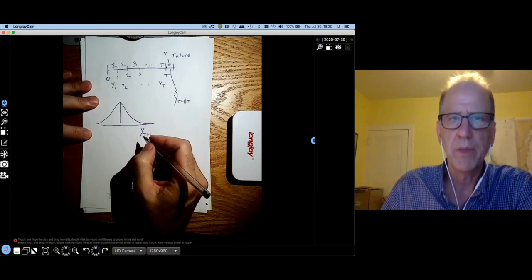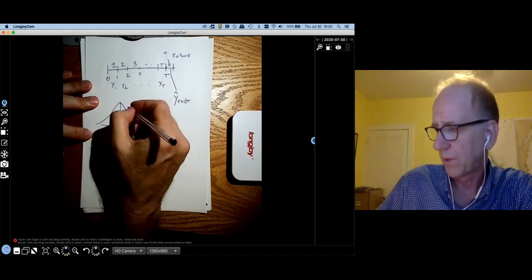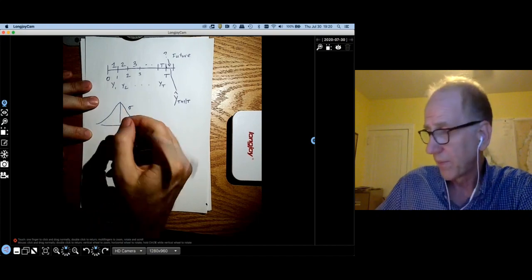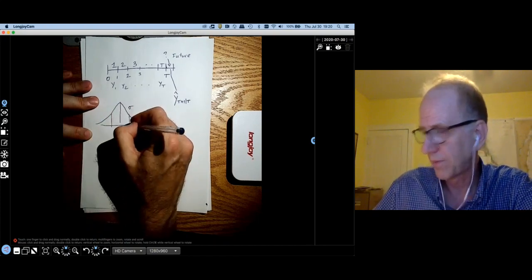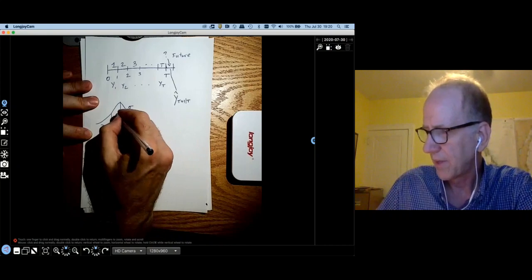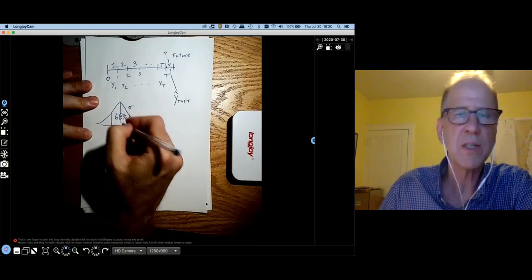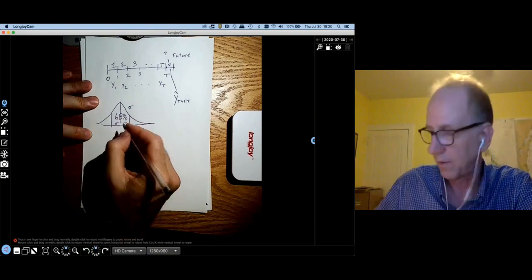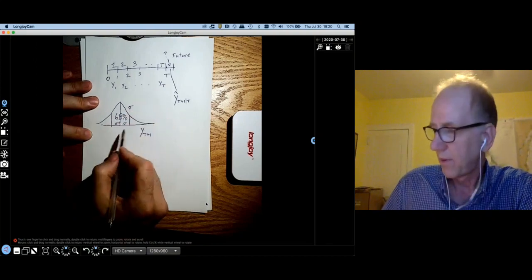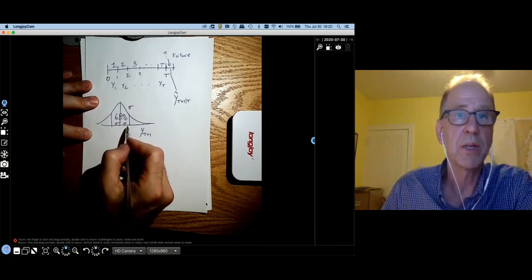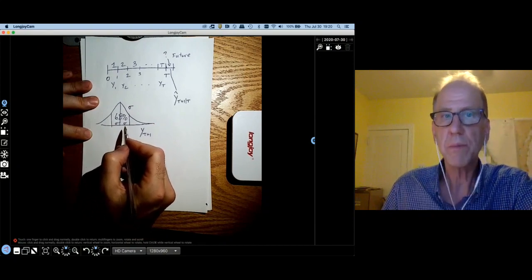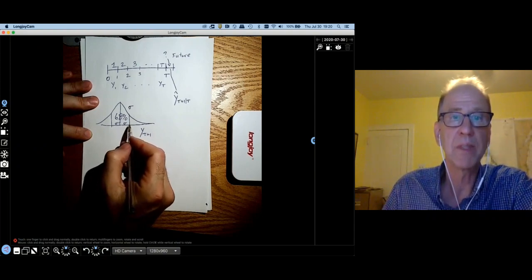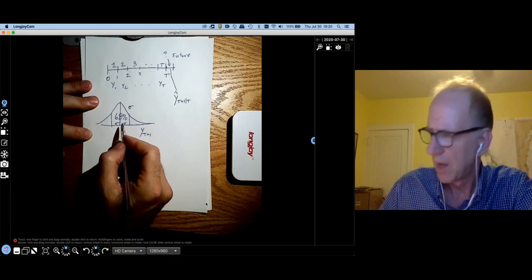If we know that it's normal and we know the standard deviation of this distribution, what we know from basic properties of the normal distribution is that about 68% of the time we'll be within one standard deviation of the mean. So this interval would be called a 68% prediction interval, because it's giving me a window where 68% of the time what happens next period will fall in there.